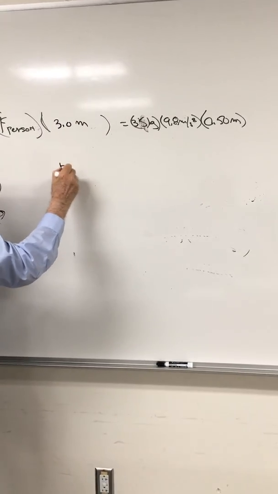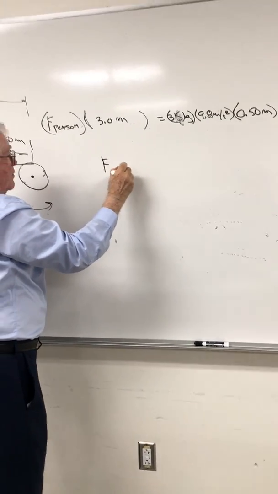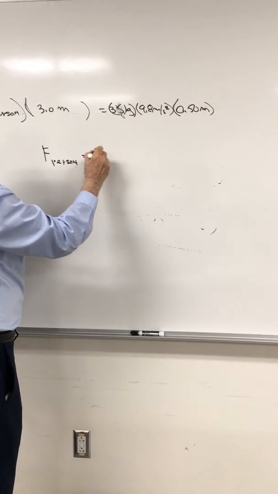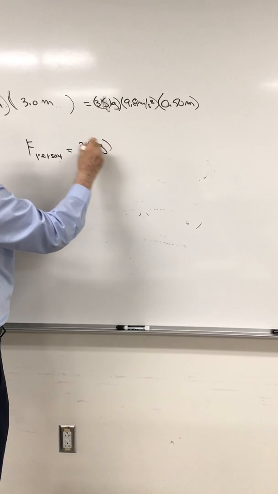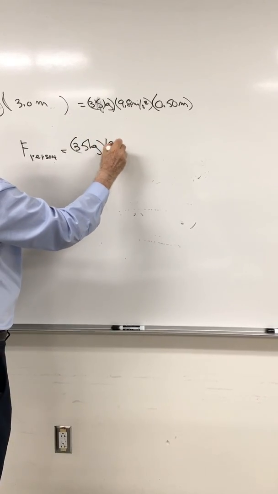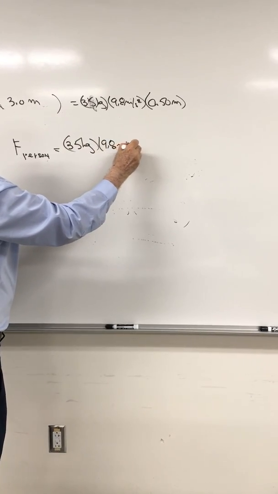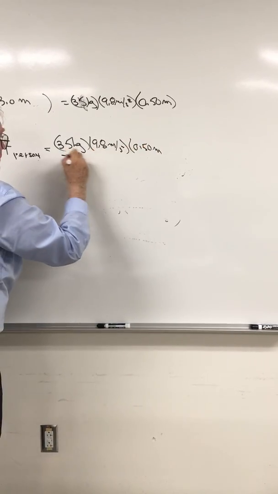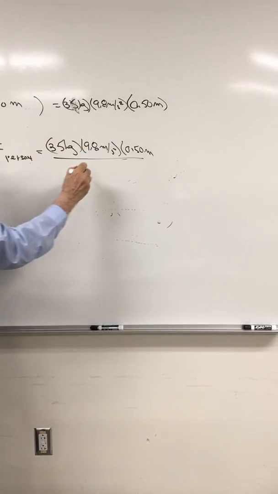So the force the person exerts is going to be 35 times 9.8 meters per second squared times 0.5 meters divided by 3 meters.